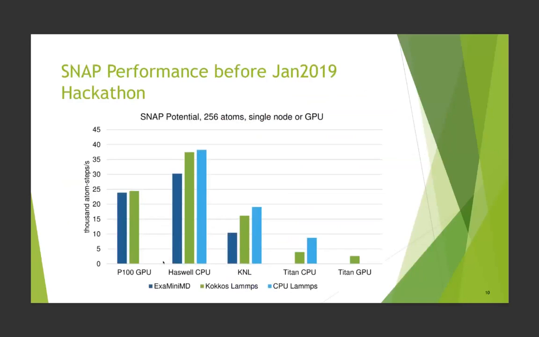Performance is on the left, and higher is better. If you compare a P100 GPU, a single GPU, versus a Haswell dual socket CPU, we're slower on the P100, and this was not where we wanted to be. We thought we could do better, but we weren't sure how to get there.